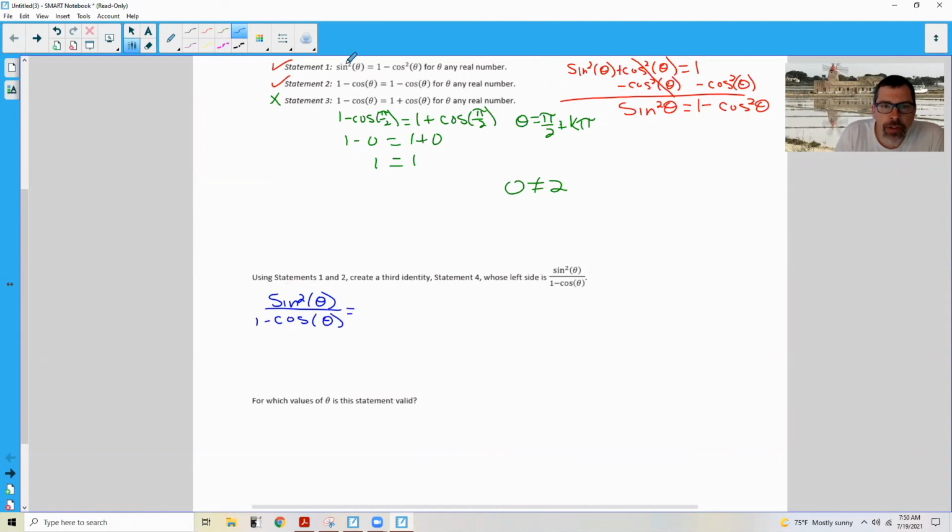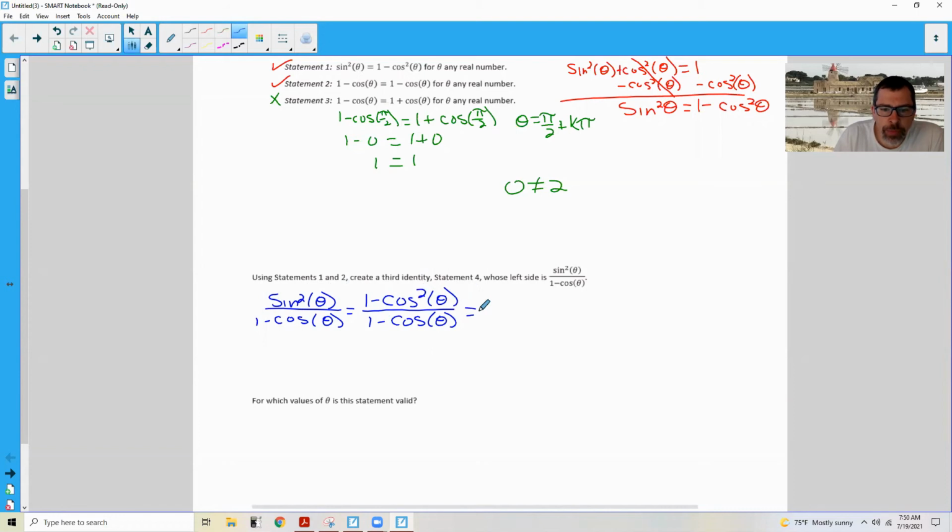If I look up here, sine squared theta equals 1 minus cosine squared theta. So how about we substitute that in? 1 minus cosine squared theta divided by 1 minus cosine theta. So all I did was substitute in 1 minus cosine squared theta for sine squared theta, because that's statement 1, they're equal, and I just kept the 1 minus cosine theta in the denominator.